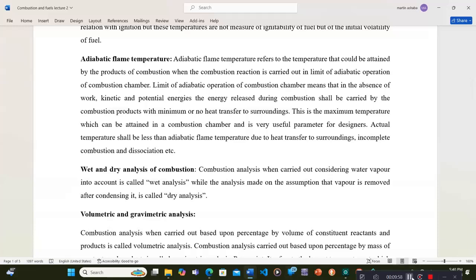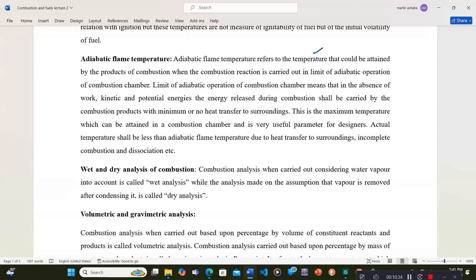So what is adiabatic flame temperature? Adiabatic flame temperature refers to the temperature that could be attained by the products of combustion when the combustion reaction is carried out in the limit of adiabatic operation of the combustion chamber. In adiabatic operation, we are saying that combustion takes place in the absence of work, kinetic energy, and potential energies.